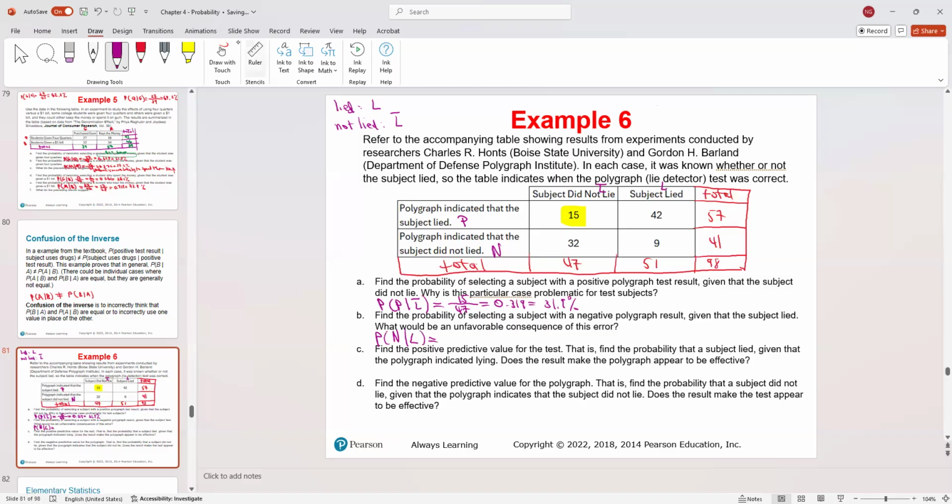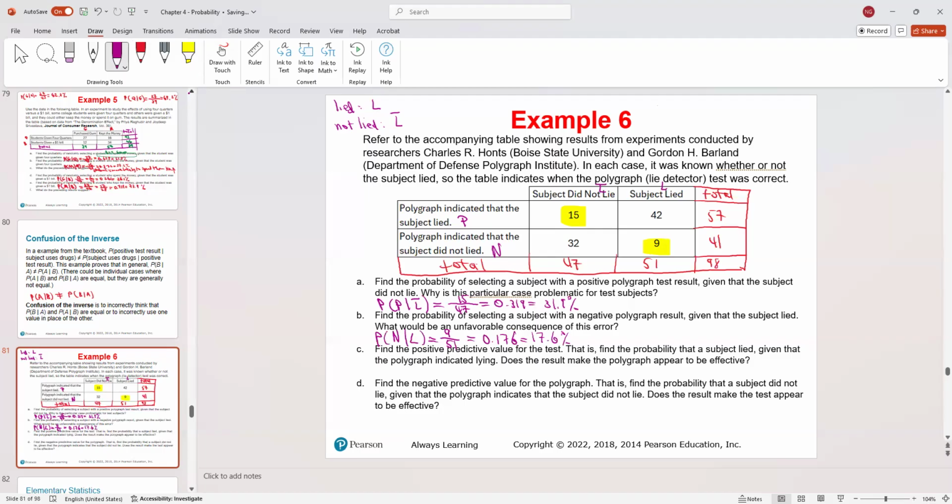First of all, the intersection between negative polygraph and subject lie is 9. You need to put that number on the top and divide by what? The total where it says given that the subject lied is 51. Awesome. So 9 over 51 is 0.176, or 17.6%.